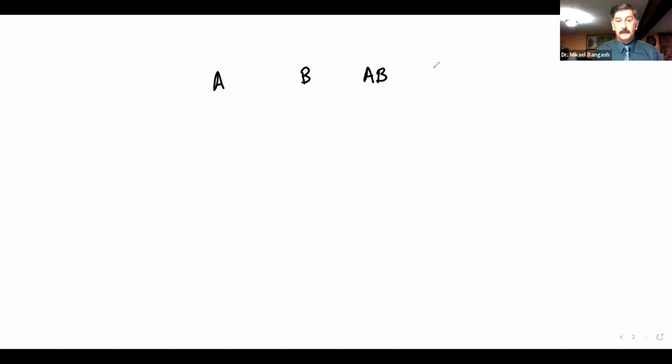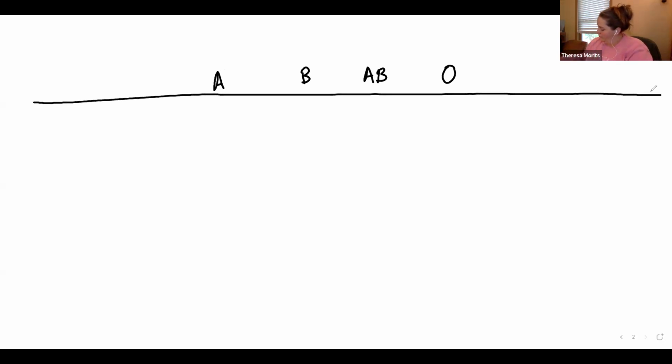And there are going to be people who may be blood group O. Is that clear? Yep. Okay. So these are, for now, four major types of blood groups based on the ABO grouping or typing.